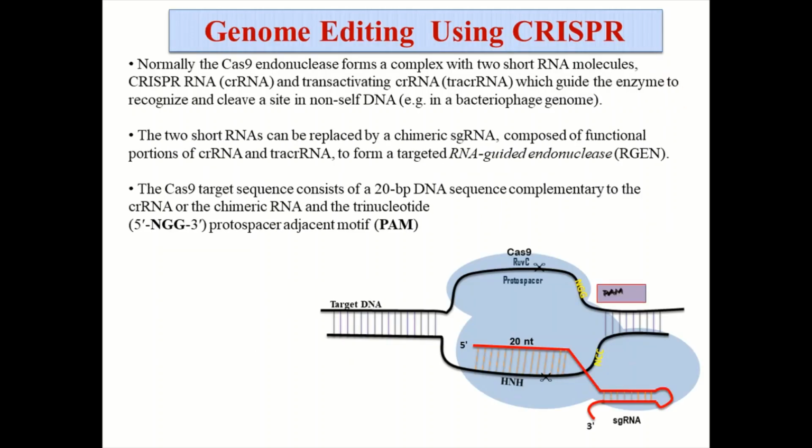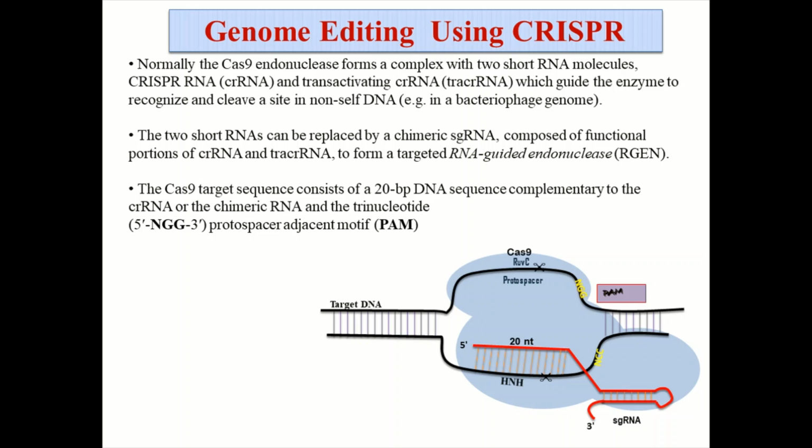CRISPR RNA and transactivating CRISPR RNA form a complex with the invading virus genome, and Cas9, which is an endonuclease, cuts the genetic material of the virus and protects bacteria against virus attack.